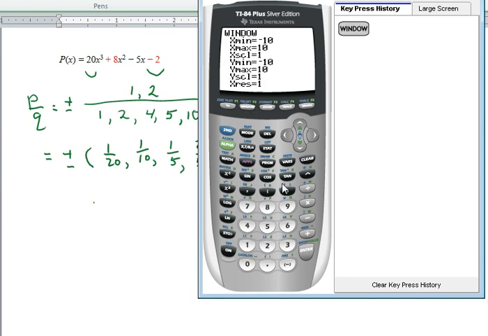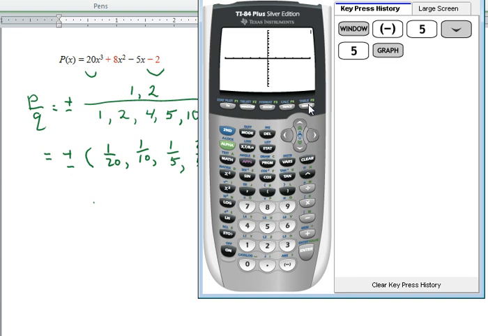Go to the window and enter -5 for x min and 5 for x max. Draw the graph. And we can see that the activity is happening between plus and minus 1.